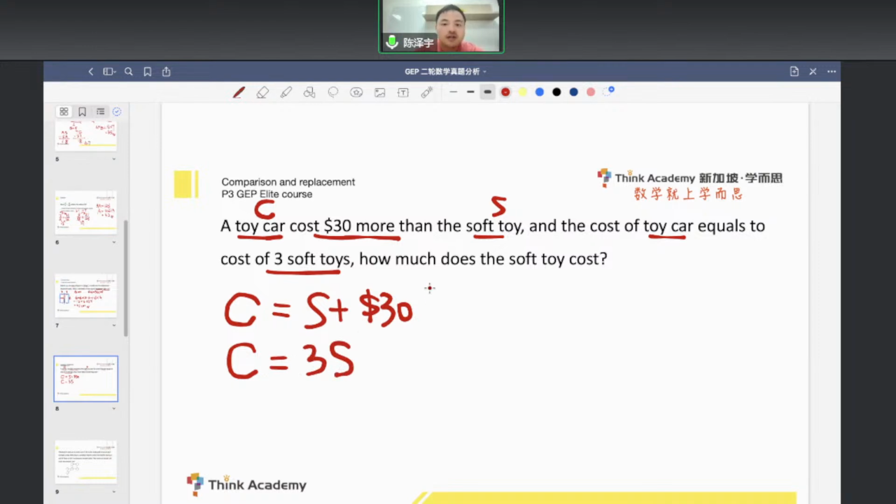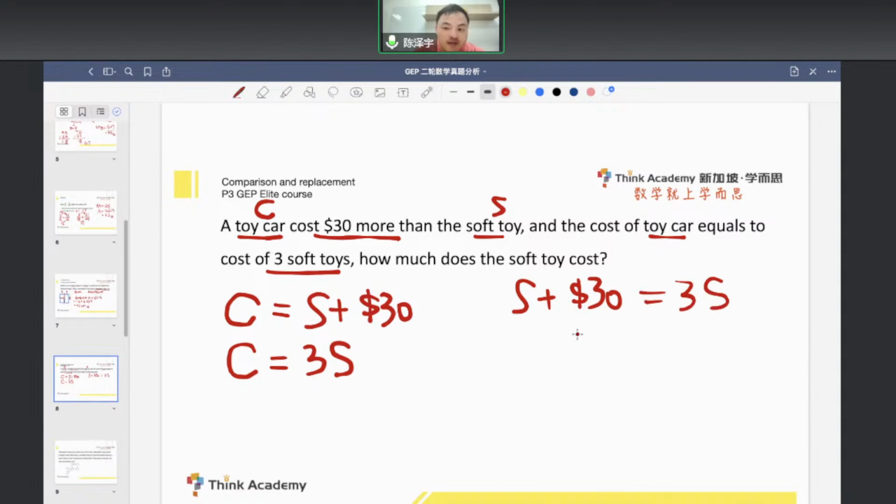Okay, so now you compare these 2 equations. On both sides, I have a car. One shows that a car equals soft toy plus 30. The other one is the car equals 3 soft toys. So if I combine them together, I can see that a soft toy plus $30 is also equal to 3 soft toys.